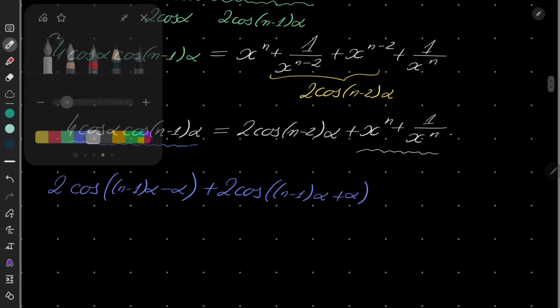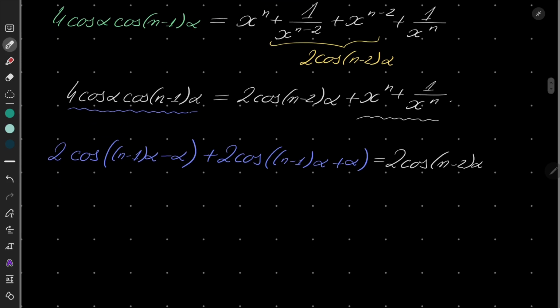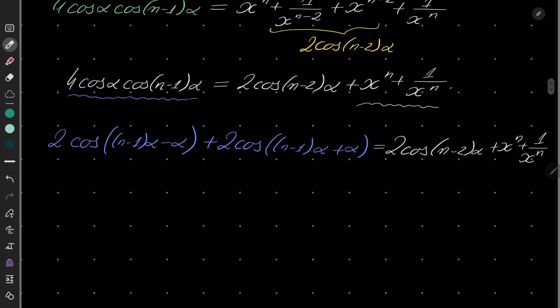And that is equal to 2 cosine of n minus 2 alpha plus x to the nth power plus 1 over x to the nth power. Very nice. And now let's simplify it further. This here is 2 times cosine of n minus 1 alpha minus alpha, it's n minus 2 alpha.